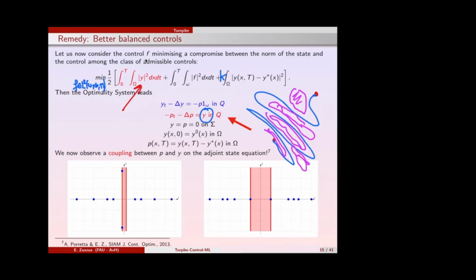But anyhow, once you know that this system has a solution Y, P, and once you know that this is the minimizer of this problem, you wonder how it looks, right? And then if I write down how it looks, I see that the system is tricky, right?